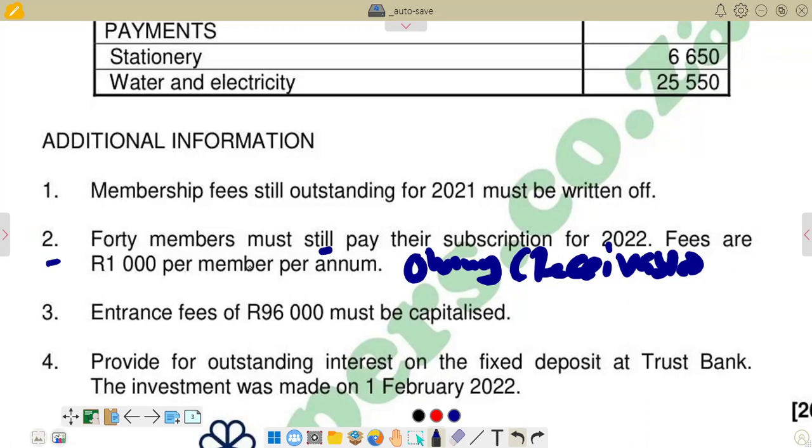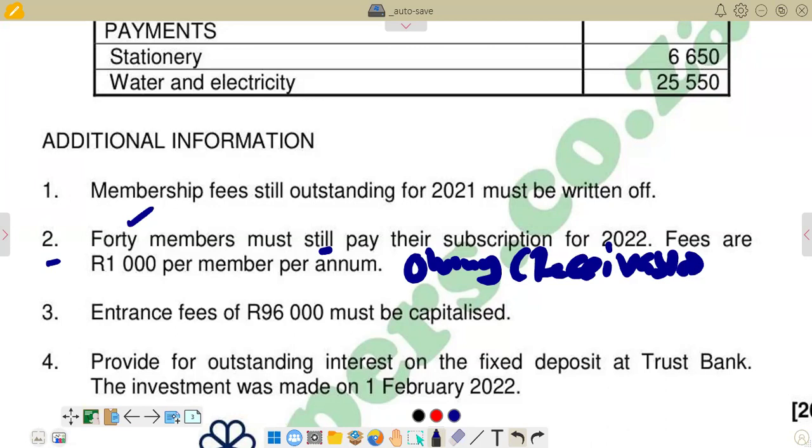So we're going to put this amount, which is 1,000 per member, but we are being told that we have 40 members. So we are just going to get the total: 40 times 1,000. Then it's a closing balance of receivable, which is supposed to be on the credit side.